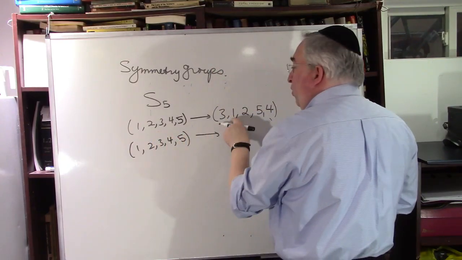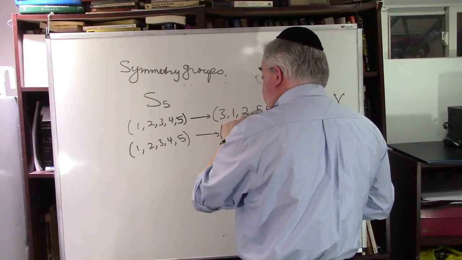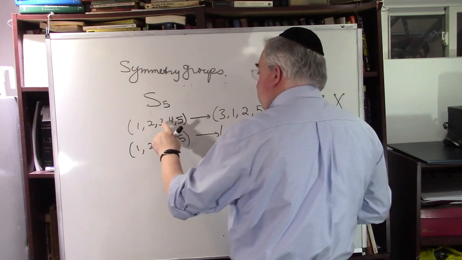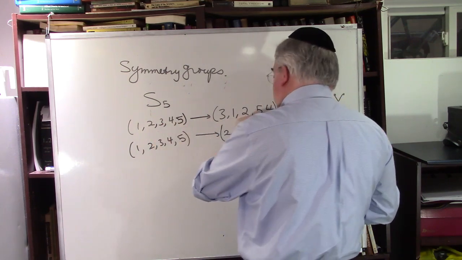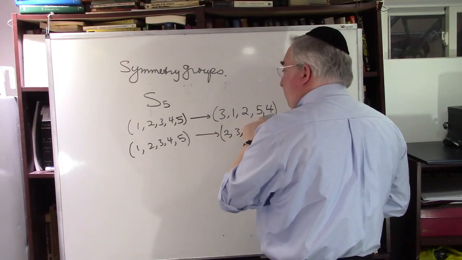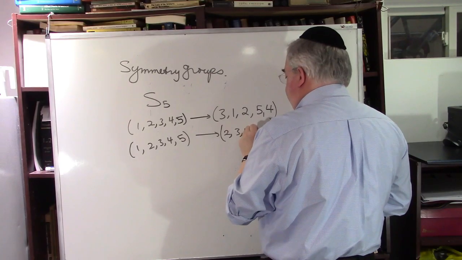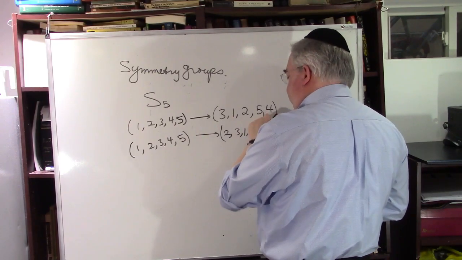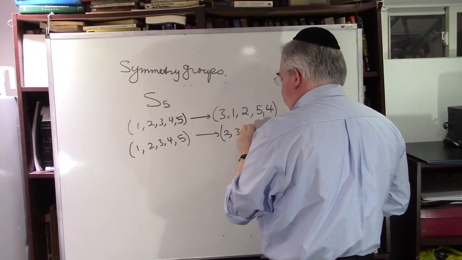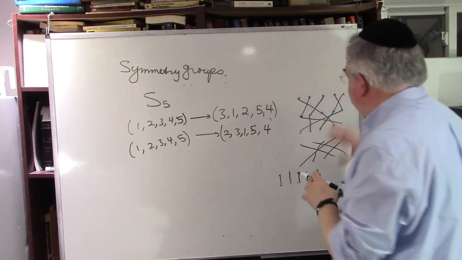Okay, let's see. 1 is going to go to 2. 2 is going to go to 3. 3 is going to go to 1. 4 is going to go to 5. And 5 is going to go to 4. So that just flips this over.